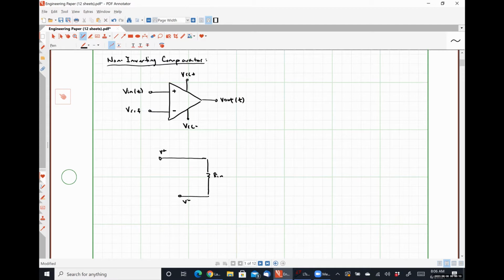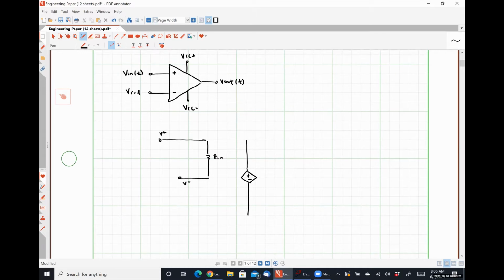This guy is for our inverting input terminal. We have our dependent source here. Here is our output resistance Rout. And then this whole bottom thing here is our ground.